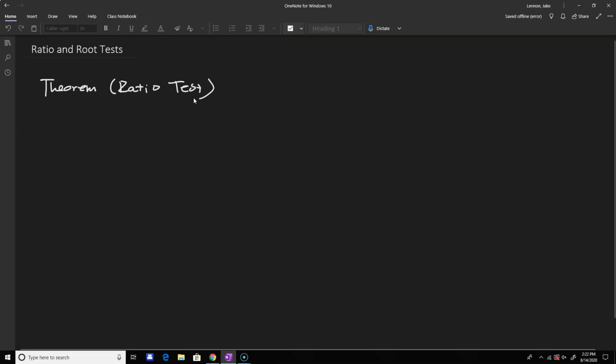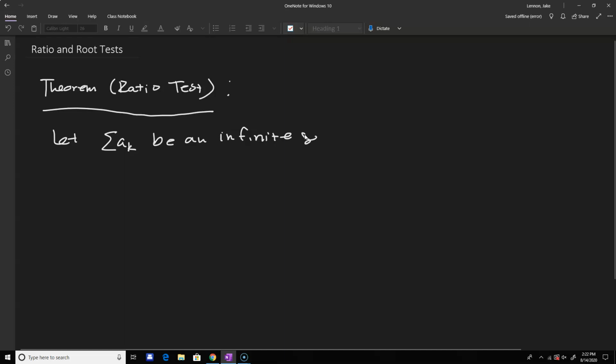So, the ratio test, again, we just have an infinite series, so let the sum of a_k be an infinite series. And we're going to let R be a special limit.